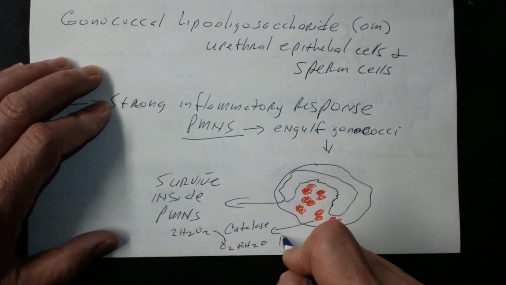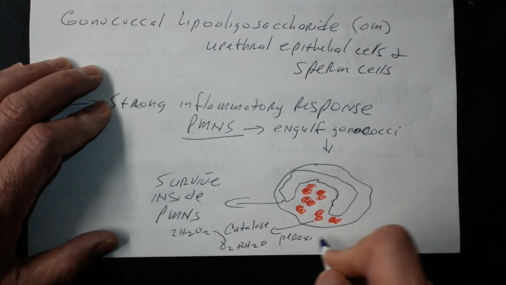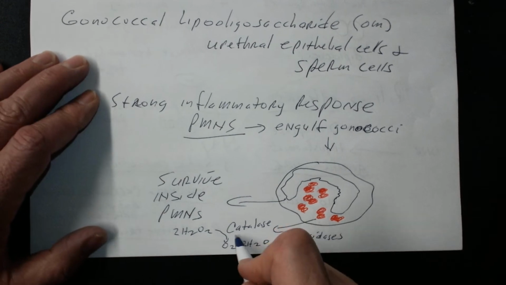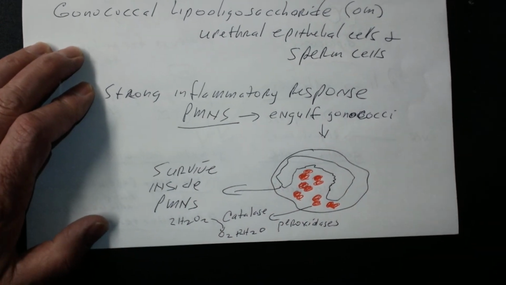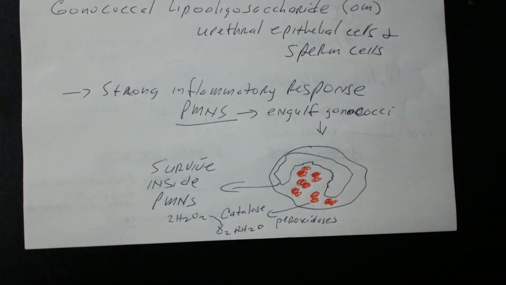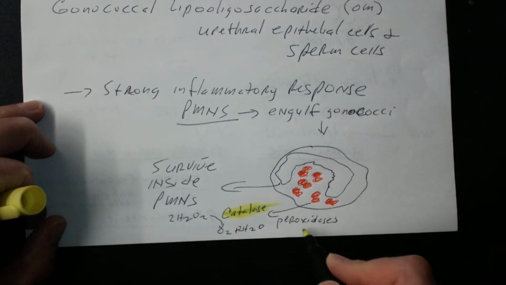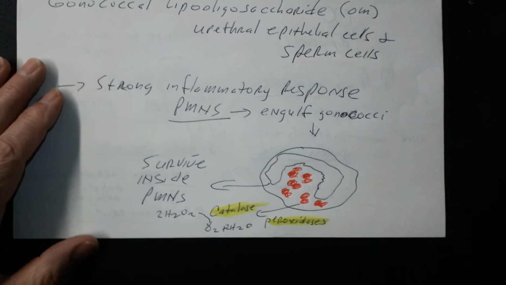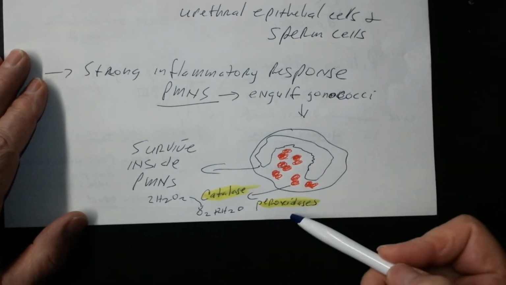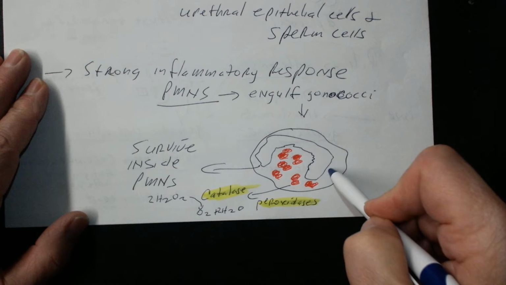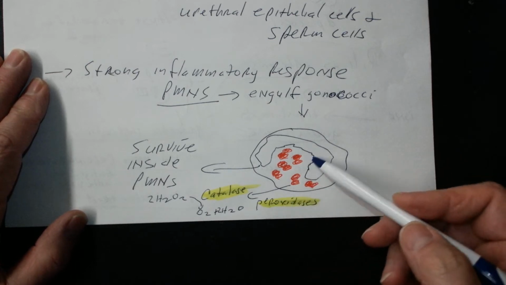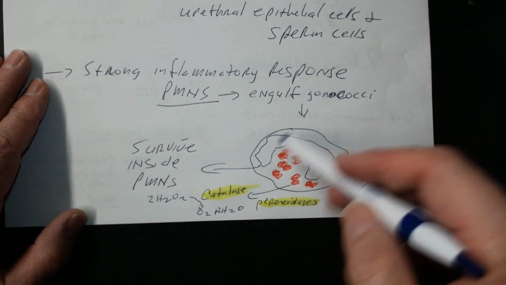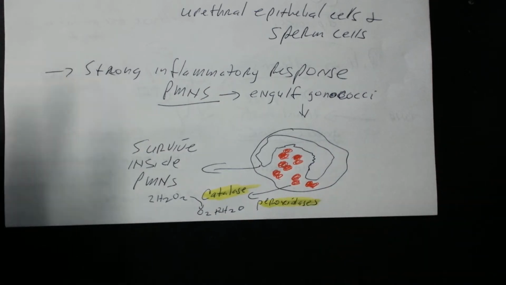Then they also have other peroxidases that will assist in detoxifying the sorts of molecules made by the PMN, and then also these cells influence the behavior of the PMN so that their oxidative burst is not nearly as robust.